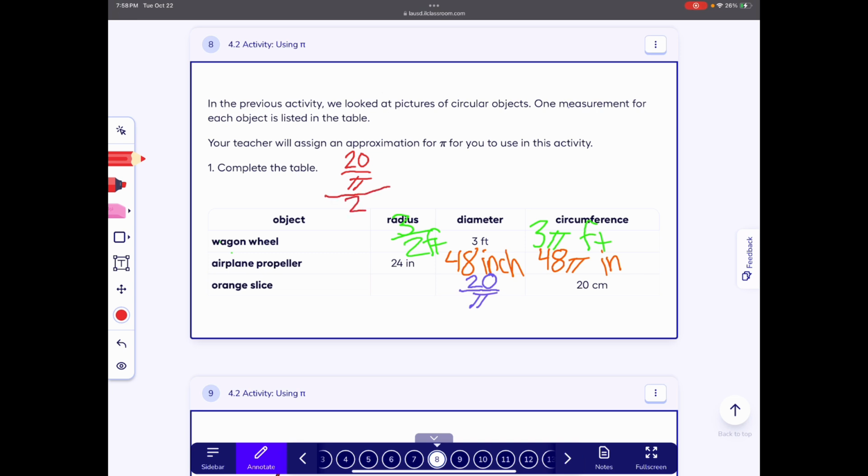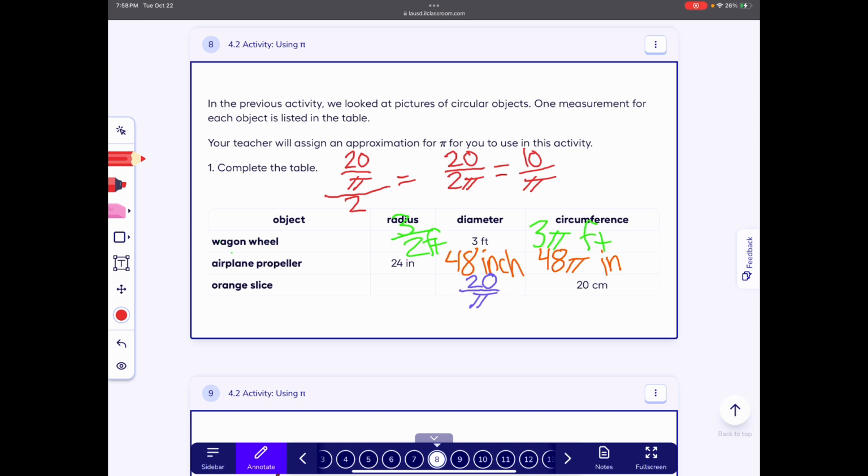That's saying half of it. If you take 20 over pi and divide it by 2, you get 20 over 2 pi. That is half of 20 over pi, and you could simplify that to 10 over pi.